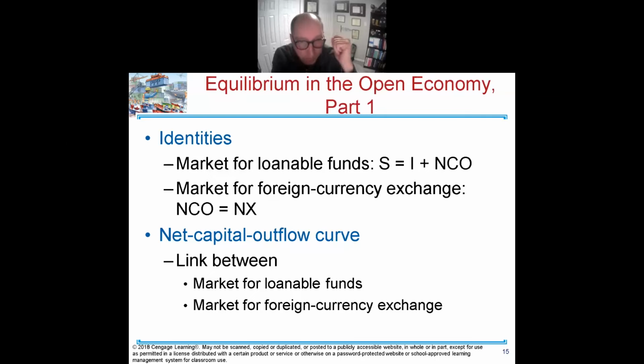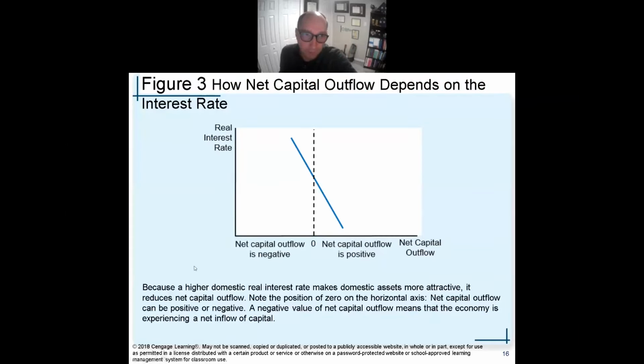The point of equilibrium is linked to the market for loanable funds through net capital outflow. So with this one, the real interest rate: net capital outflow is negative when it's less than zero, positive when it's above zero, and the interest rate is somewhere in between, usually.